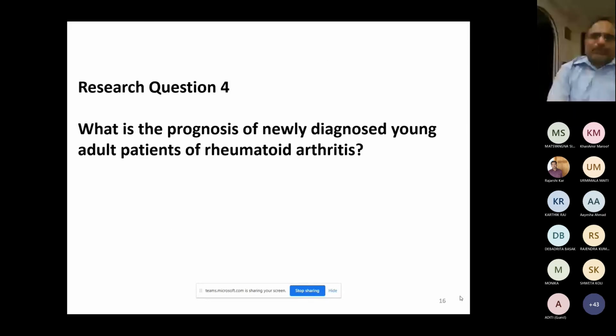Now, what is the prognosis of newly diagnosed young adult patients of rheumatoid arthritis? इसमें हमने शायद we will enroll young adults, define their ages, they are having rheumatoid arthritis. What we are going to do, how are we going to see the prognosis?